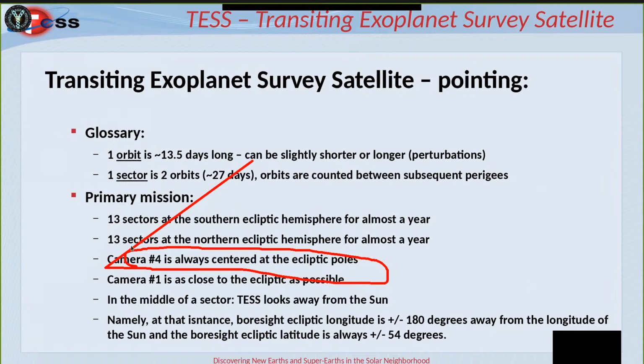Okay, so we have 3 constraints, and as I told you a few minutes ago, the pointing of TESS is defined by 3 numbers: right ascension, declination, and roll. And these 3 constraints unambiguously define where TESS looks.